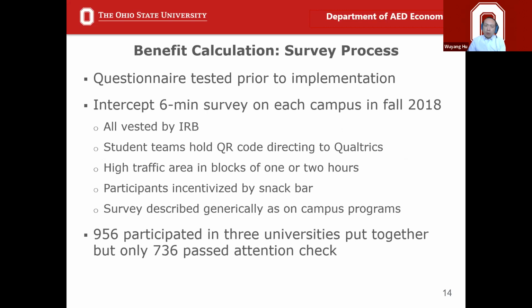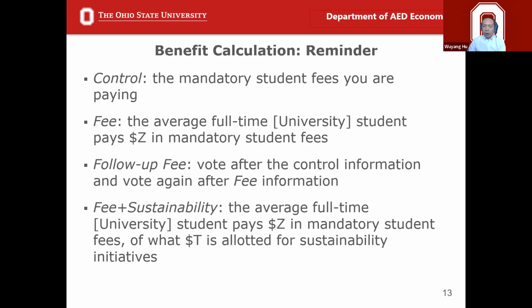Here, I probably should go back a little bit: why do we engage in these information treatments? We know that information is potentially important for any survey, but the cost information, the actual dollar value like the student fee, is particularly important because it could go either way. It could encourage a student to pay more.